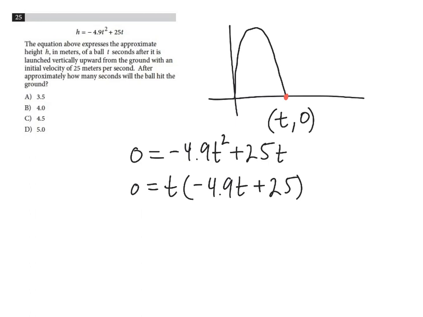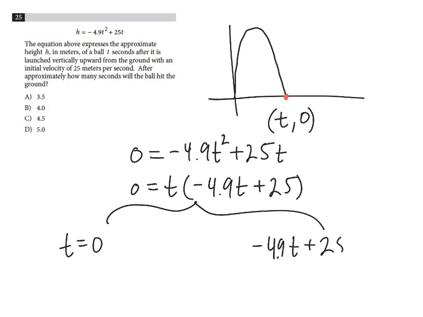Well, if I multiply two values together and I get 0, then one of two things must be the case. Either the first factor is 0, or the second factor has to equal 0. And t equals 0, well, that's not when it hit the ground, that's when it got initially launched. So I'm going to solve this second equation here.